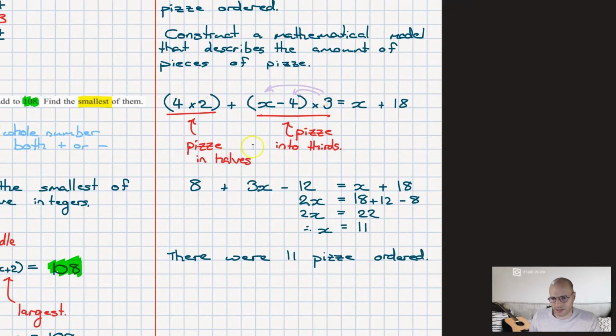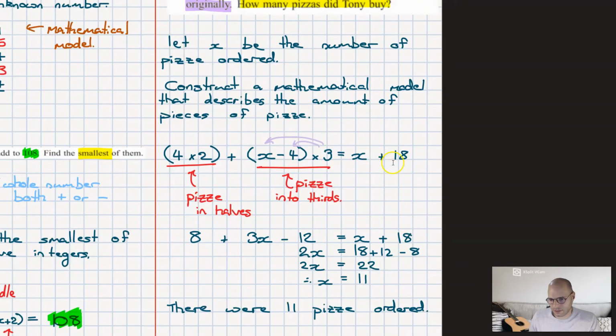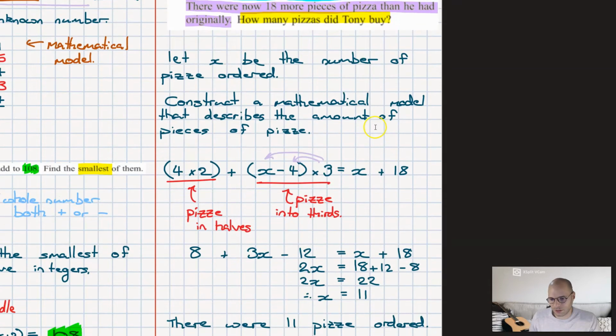On the left-hand side, I describe mathematically how many pieces he has after chopping them all up. And then on the right-hand side, we have a mathematical statement that describes how many pieces of pizza he has compared to after chopping them.